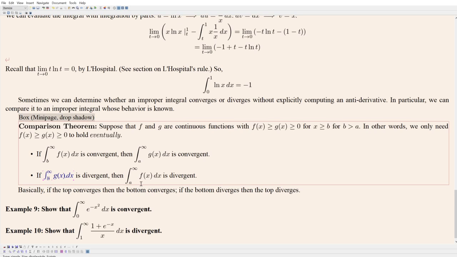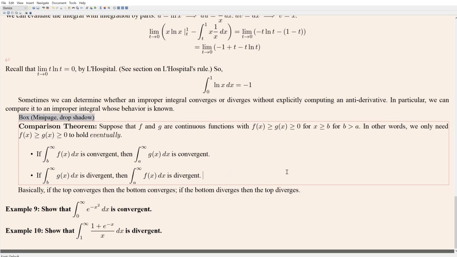Similarly, this is a much more general way of doing it. In other words, if the guy on the top converges, then the guy on the bottom also converges. If the guy on the bottom diverges, then the guy on the top also diverges.